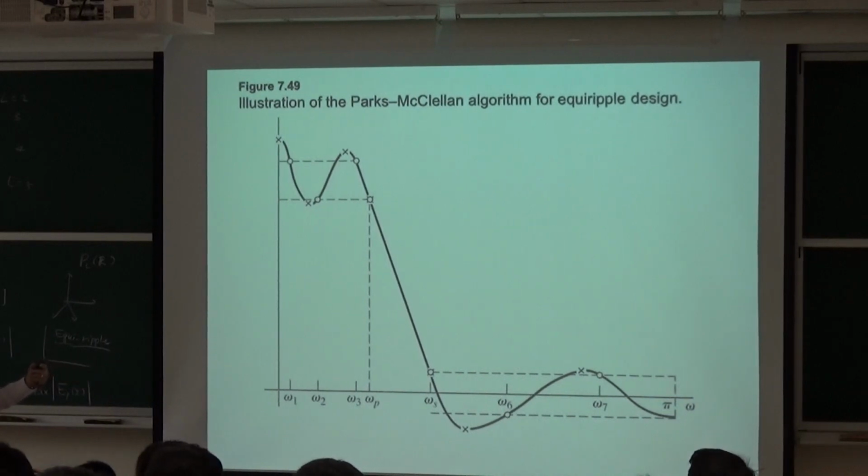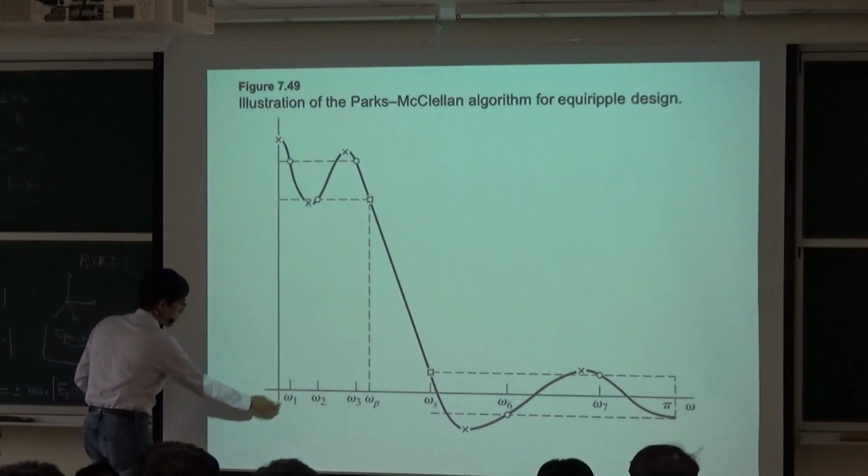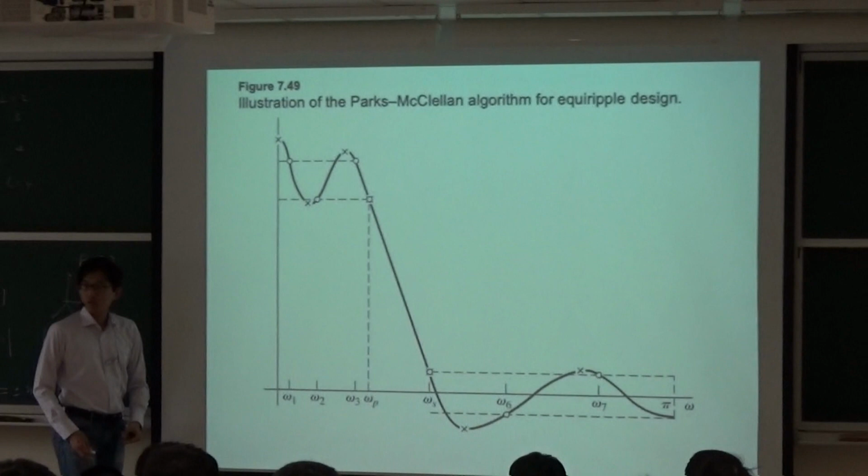If you are lucky enough, the algorithm should converge to a solution which has at least L plus 2 extremes. So let's randomly guess omega 1, whatever frequency, as an alternation frequency.